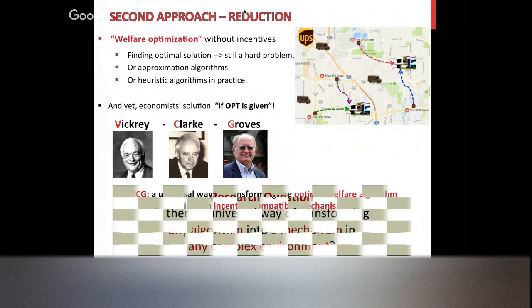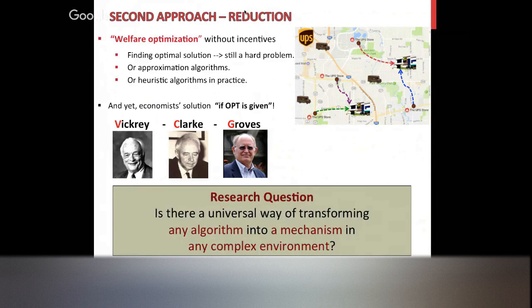Now here's the question I'm asking, which is exactly what Manolis and I discussed. Is there a universal way of transforming any algorithm into a mechanism so that I preserve the social welfare? The setting I'm looking at is any complex environment, maybe a better term is the VCG environment.